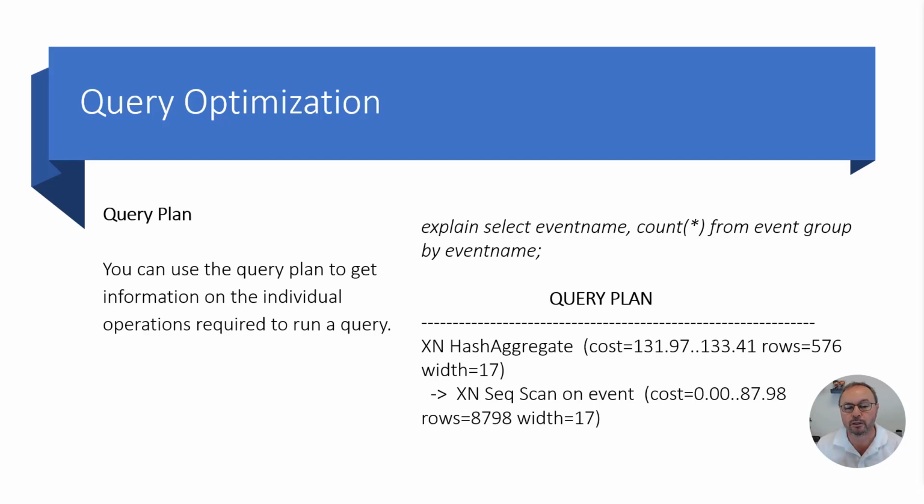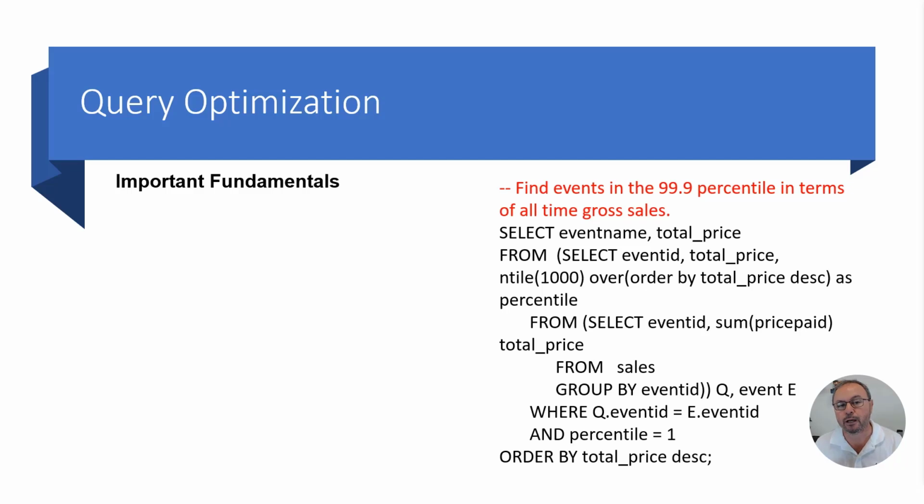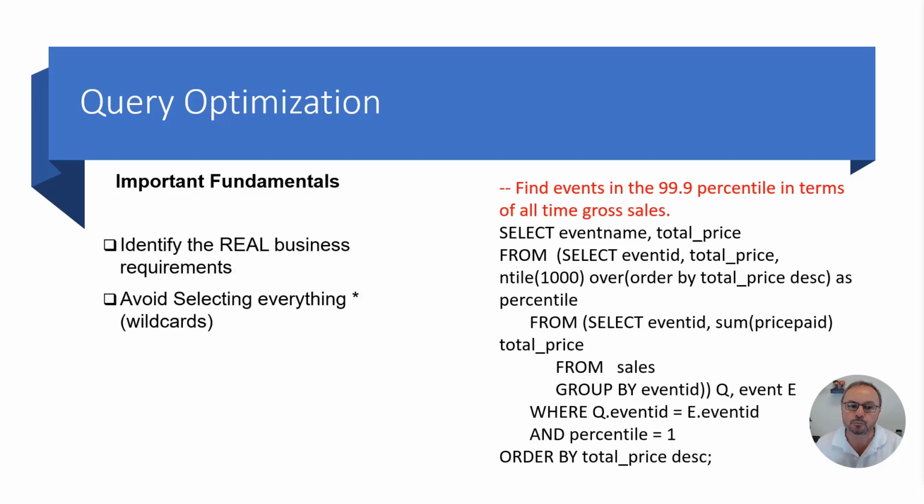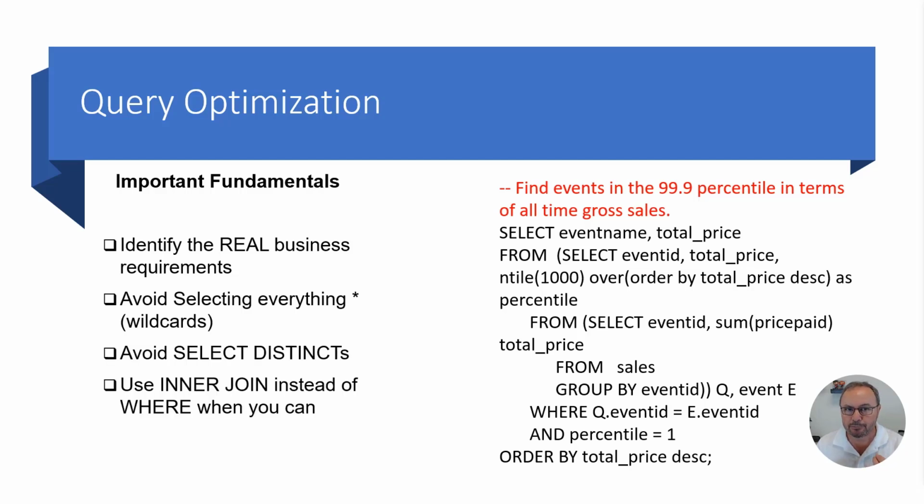When it comes to some of the fundamentals around optimizing queries, I generally instruct people to think about what the real business requirement is, what data we really need, and whether we actually get that data from the right source.